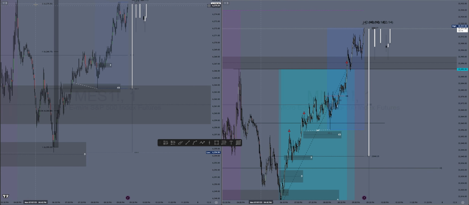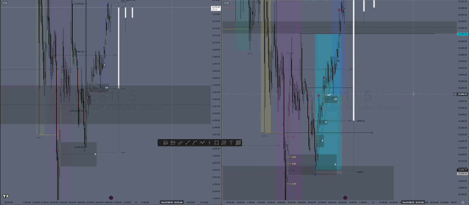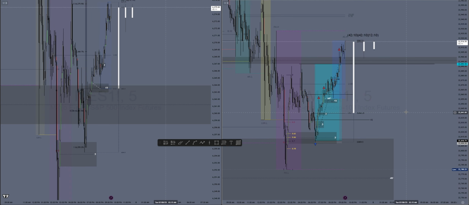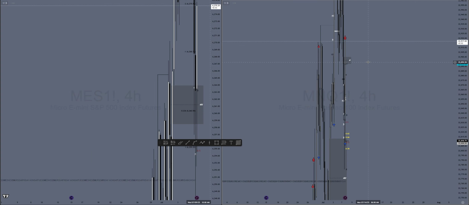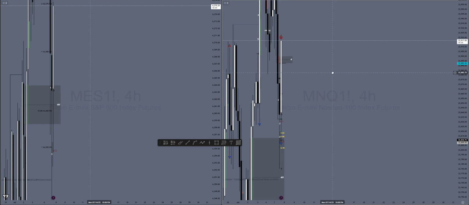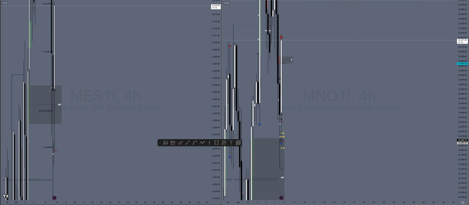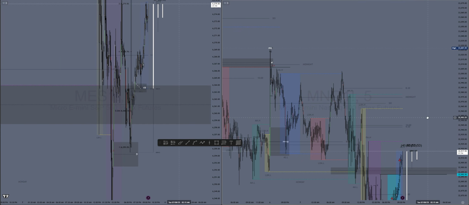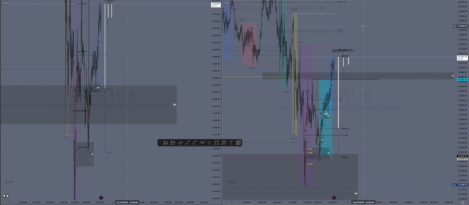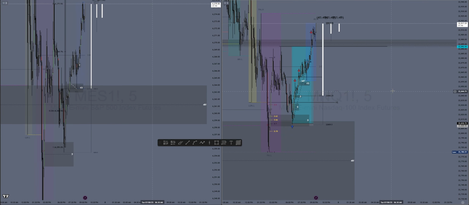I had a standard deviation set up, so there can possibly be a reversal, but it seems like we displaced over this PD array. So hopefully we can see some type of continuation outwards and get a higher time frame market structure shift.